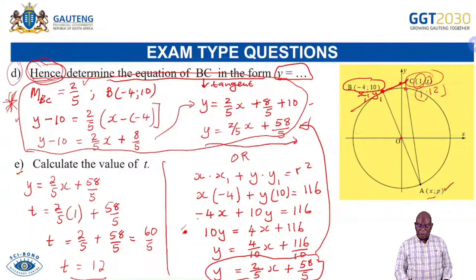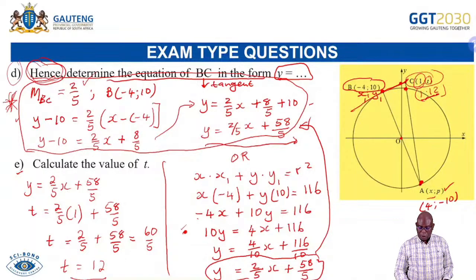Now, sometimes you get a question where you have these 2 points here, and you need to get the equation of that. So say for instance, I've got 4 and minus 10 at this point, and here I've got 1 and 12.